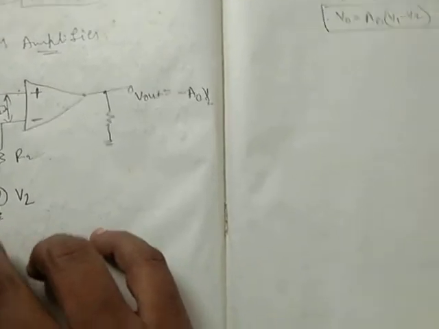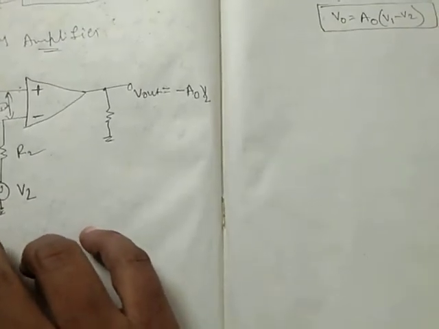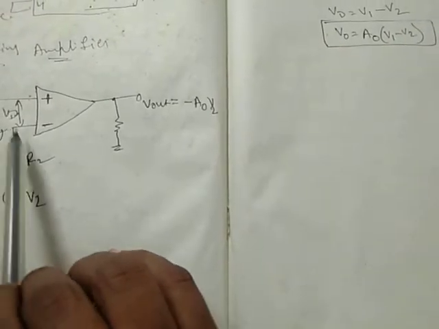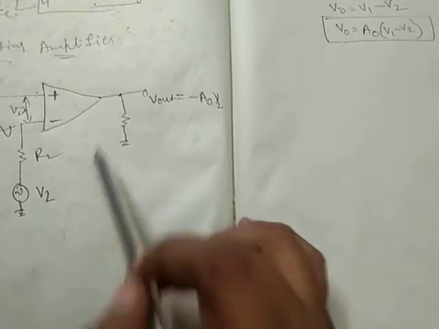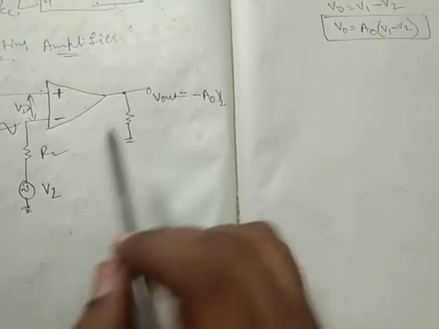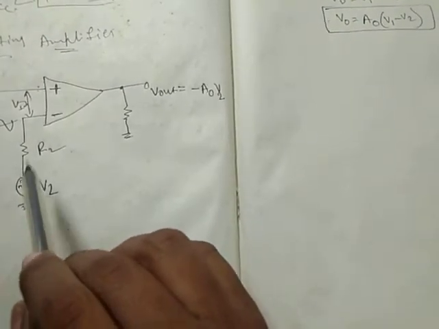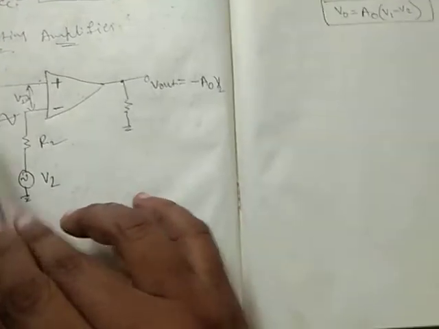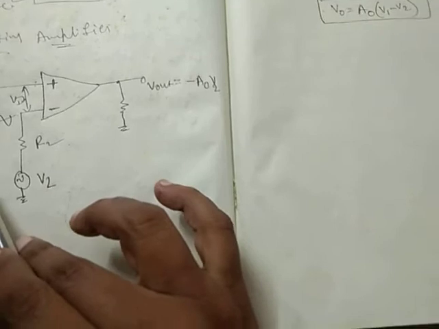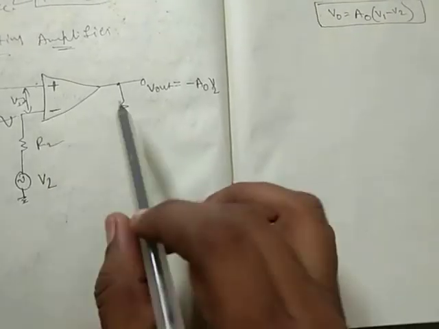This is the open loop inverting amplifier. In the inverting amplifier, the input and output are antiphase, meaning they have a 180 degrees phase difference.